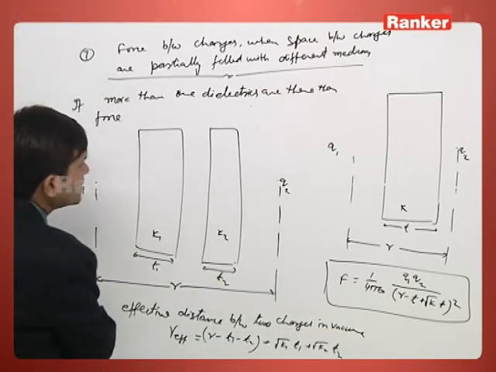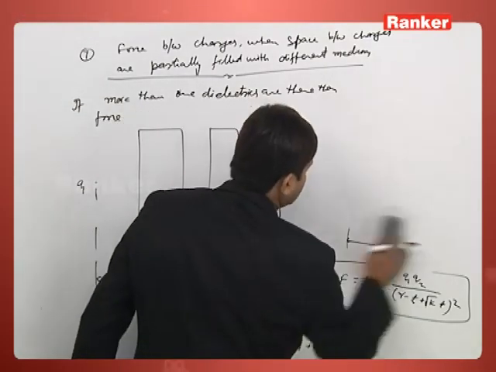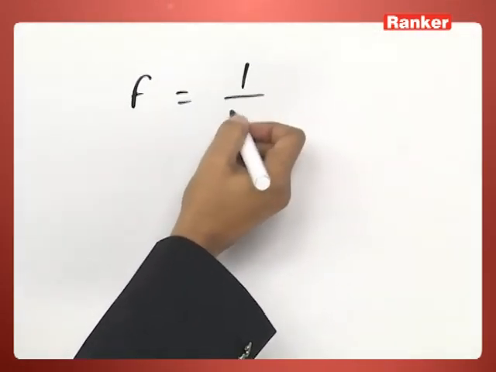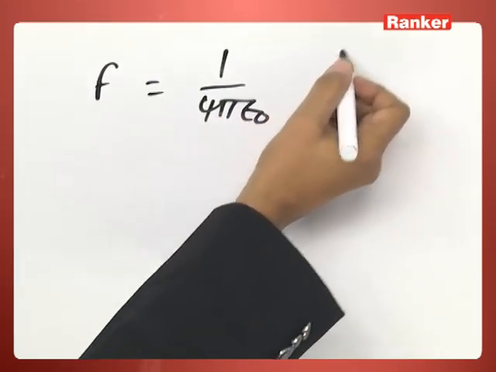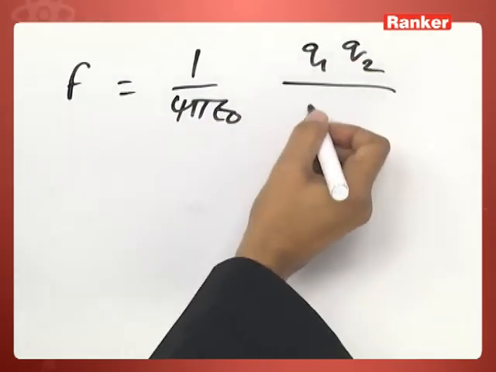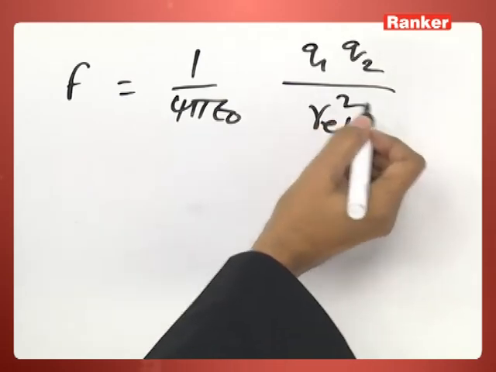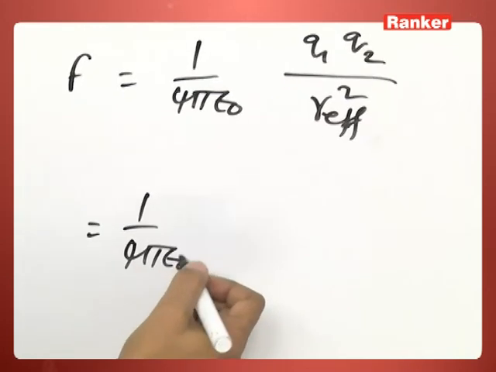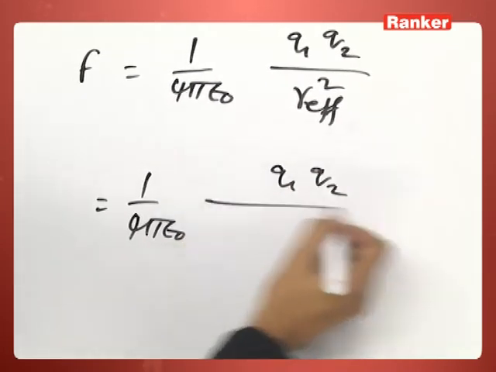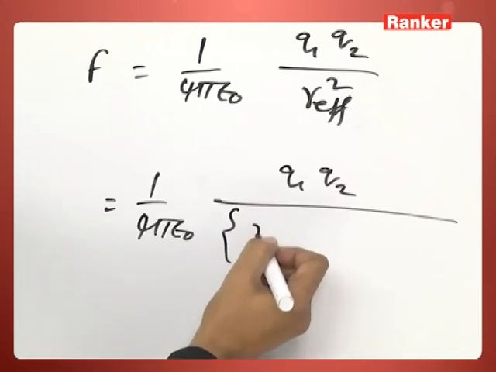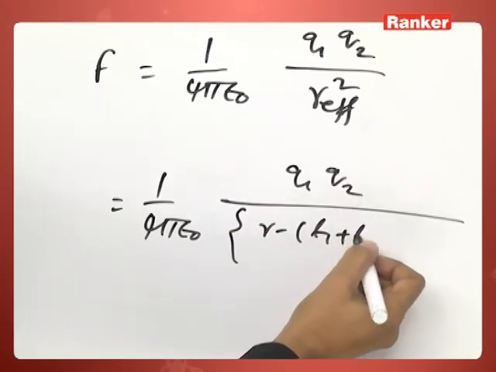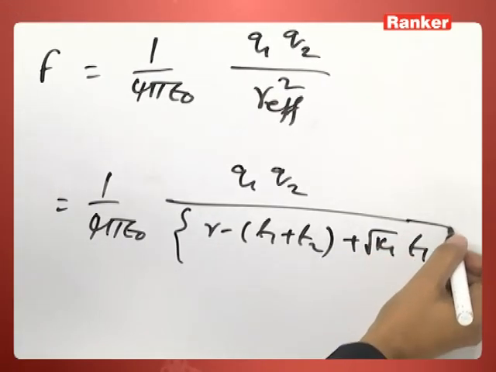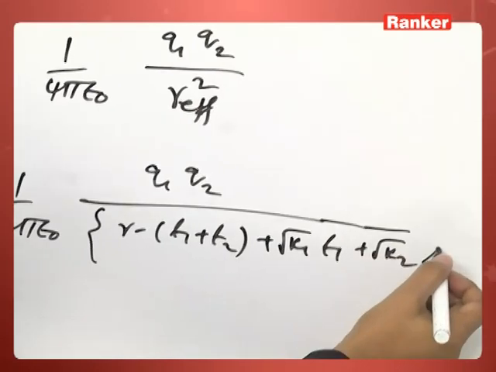Now the force between these two we can write simply 1 by 4 pi epsilon naught Q1 Q2 by R effective square, and substituting the value of R effective, Q1 Q2 by R minus (T1 plus T2) plus root K1 T1 plus root K2 T2, whole square.